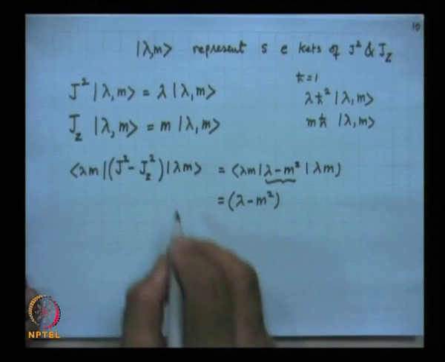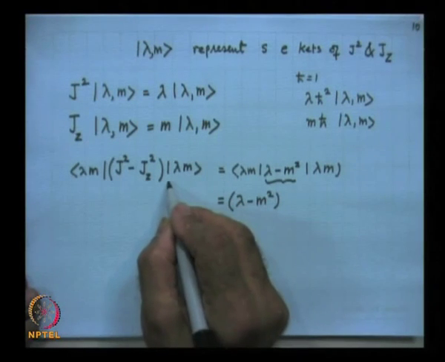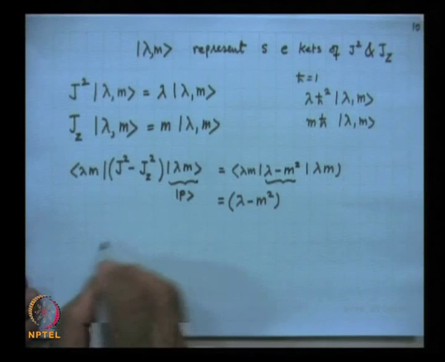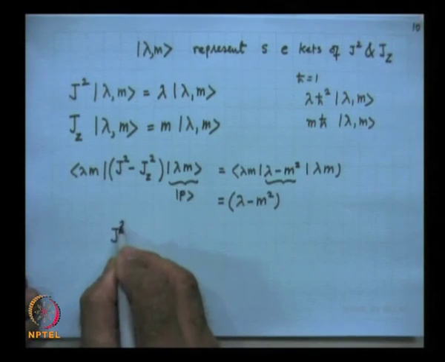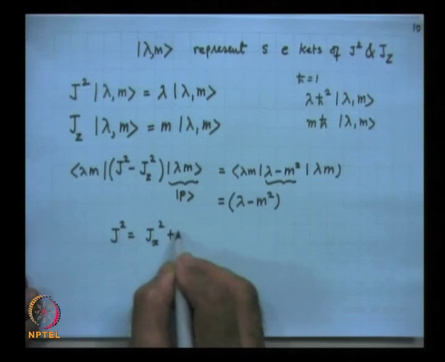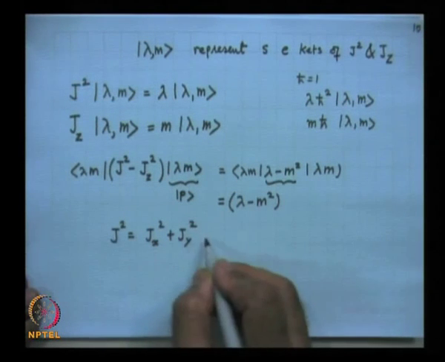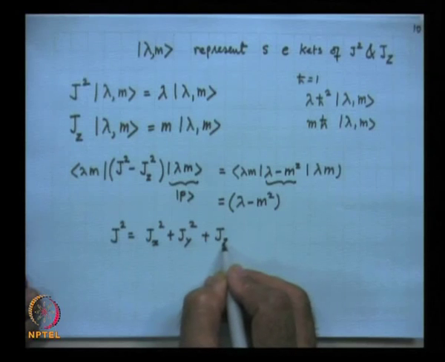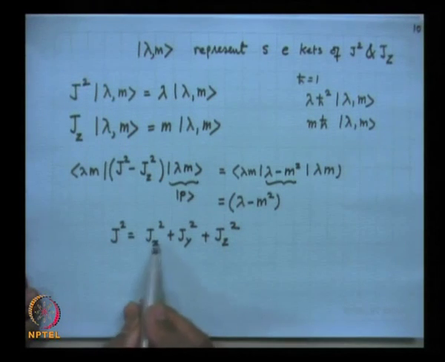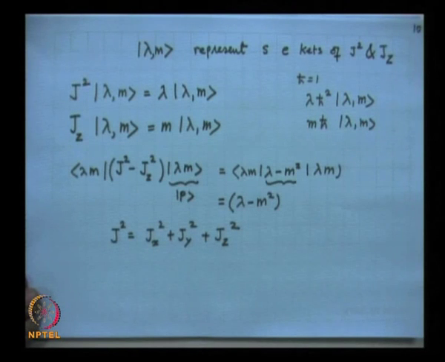Now, just for the sake of convenience, I represent this by ket p. So, j square, as we remember, is equal to j x square plus j y square plus j z square. So, j square minus j z square is just j x square plus j y square.